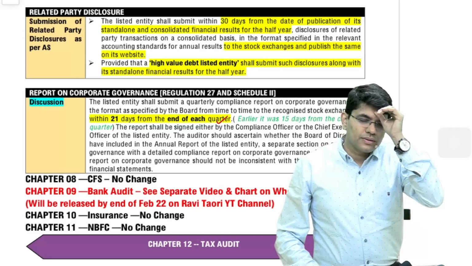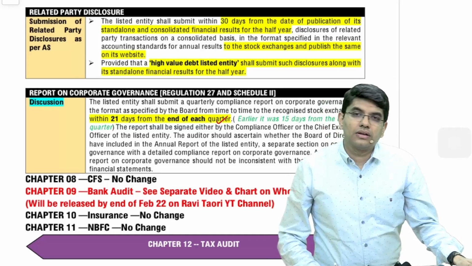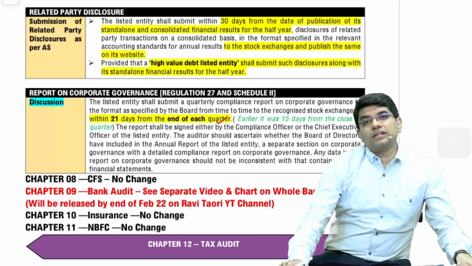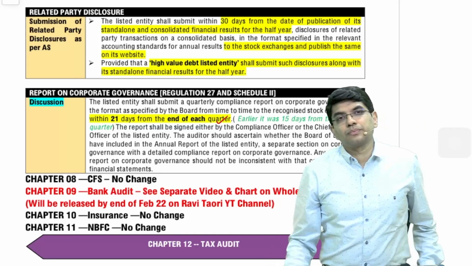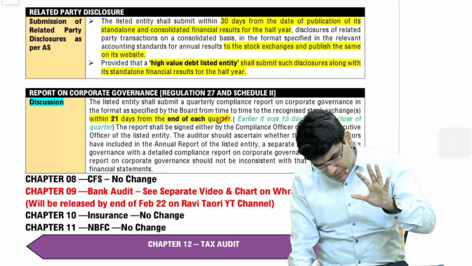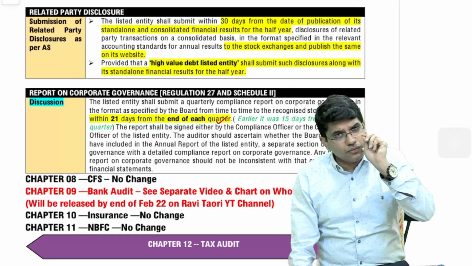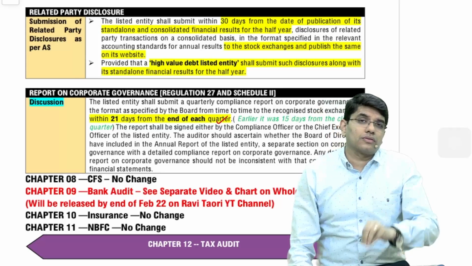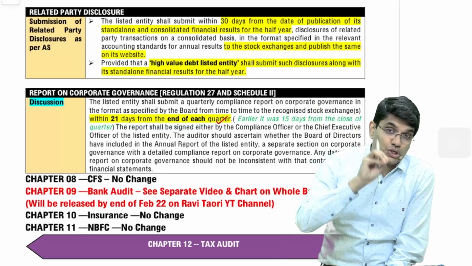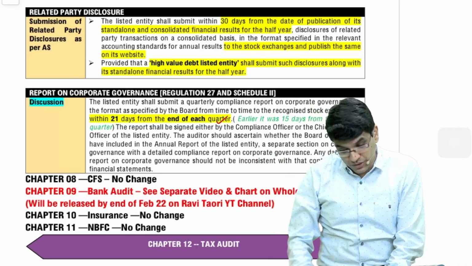One of the requirements is, as you prepare your standalone financial statements and then consolidated financial statements, half yearly and annual, within 30 days of preparing these financial statements, the disclosure given in notes to accounts for related party as per Ind AS, as given in the consolidated financial statement, needs to be sent to the stock exchange, and it should be published on the website.